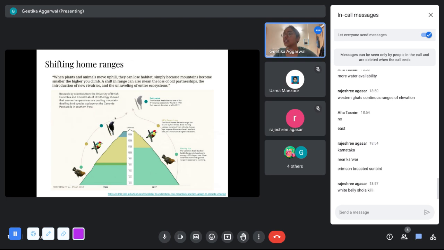And this species here, the variable antshrike, has not been spotted any longer in this particular mountain. It does not mean that it has gone extinct right now, because it might be found in other neighboring mountains which are higher than this mountain. But it is locally not found in this particular mountain range.